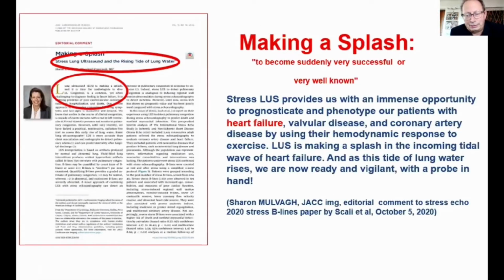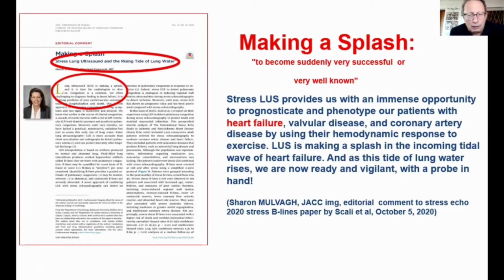And last year we published the paper also on behalf of Stress Echo 2020, and this time on the B step, B-lines, on thousands of patients, showing the diagnostic and prognostic value of this index.